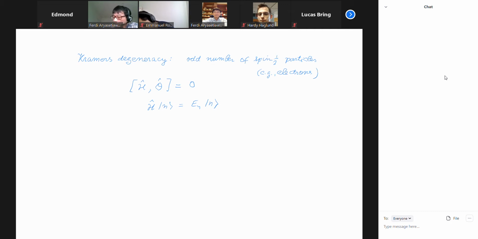Then because of this commutation, Θ|n> is also an eigenstate.